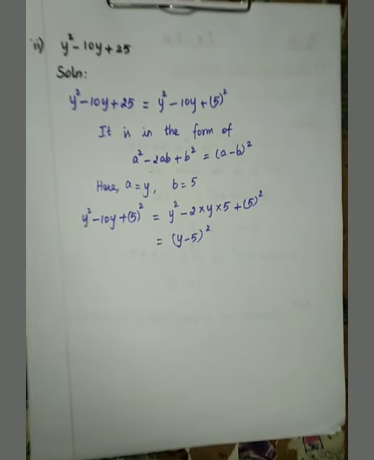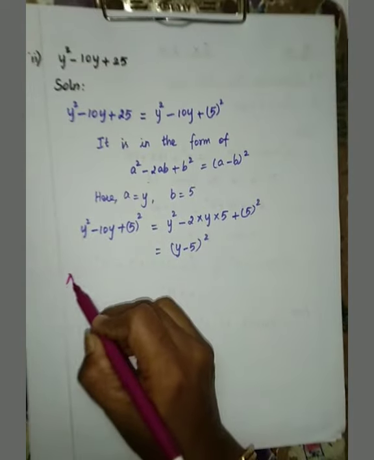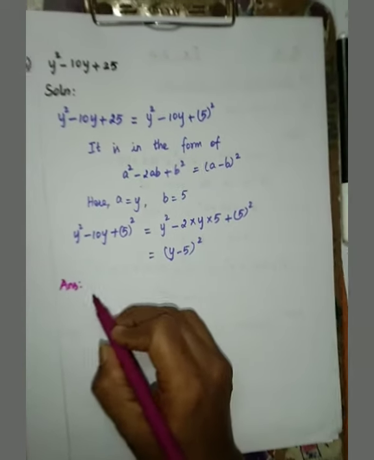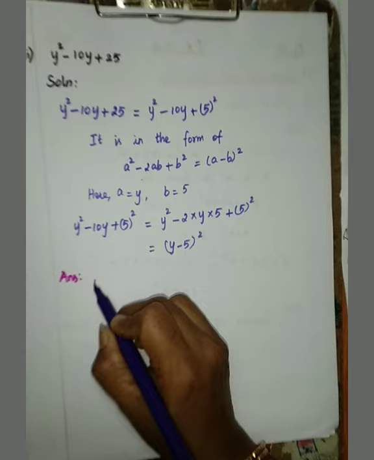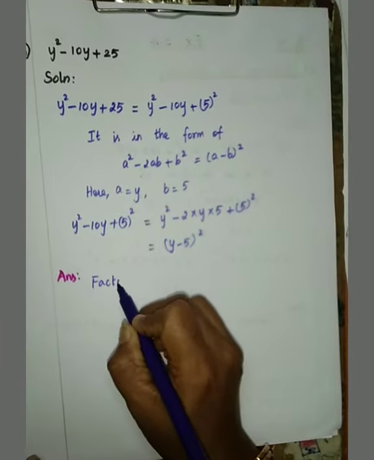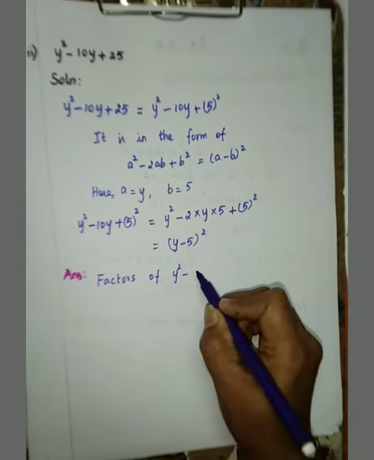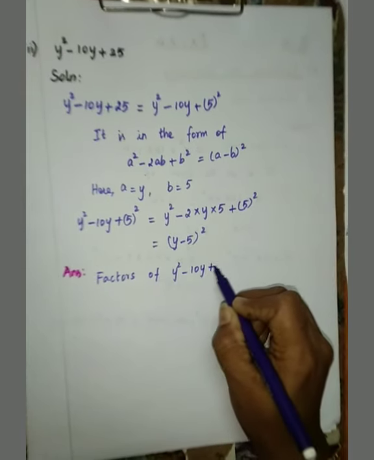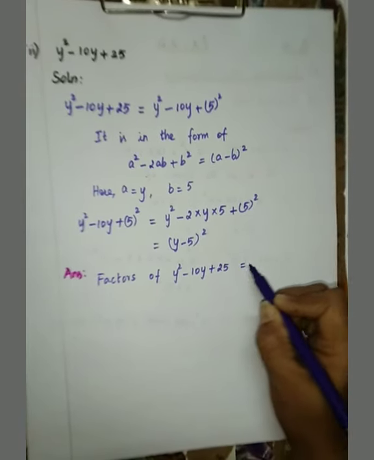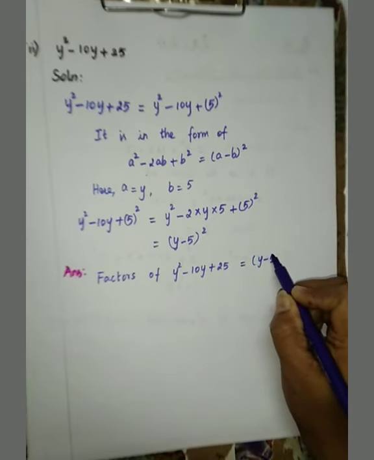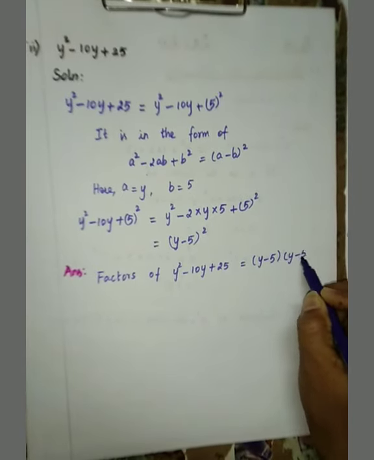Therefore, the answer: factors of y square minus 10y plus 25 equal to y minus 5 into y minus 5.